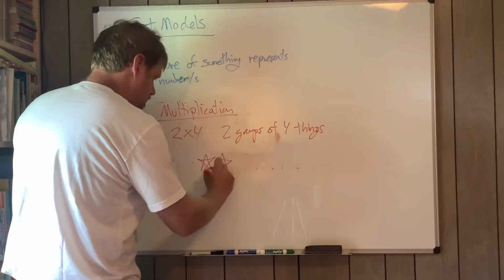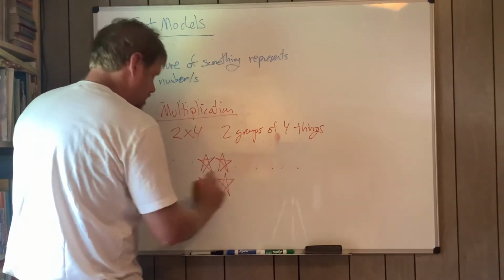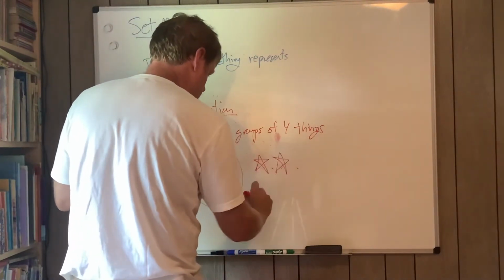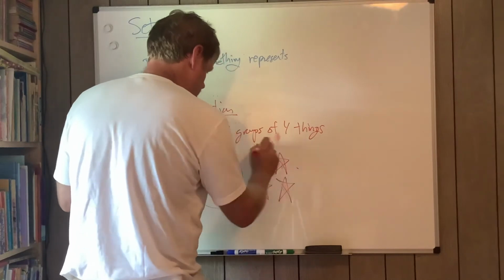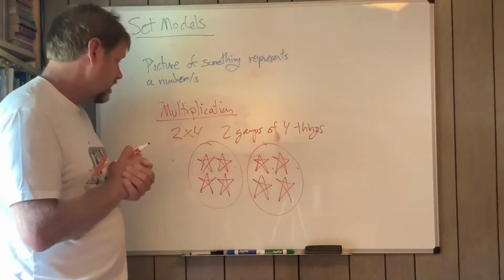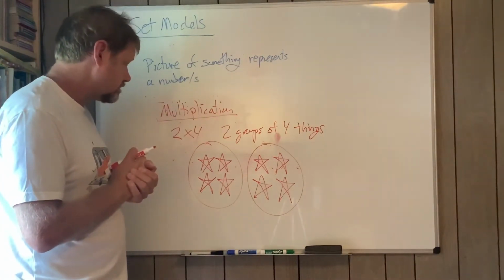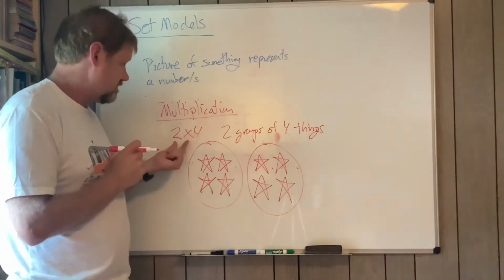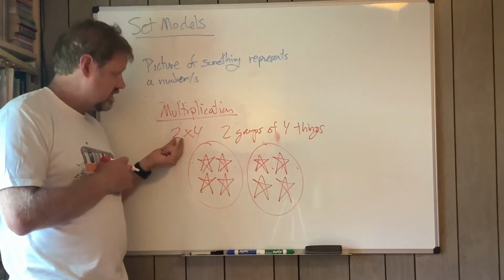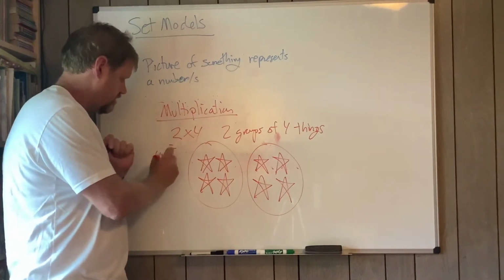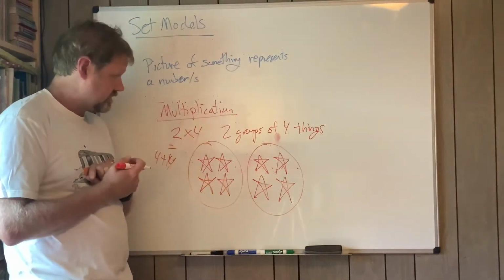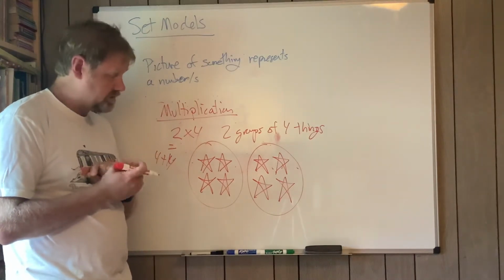So let me make one group of 4, two groups of 4. Right. And so again, as we've talked about, multiplication is repeated addition. It's just 4 plus 4. So this is a visual picture of 4 things plus 4 things. Okay, so that's a set model with multiplication.